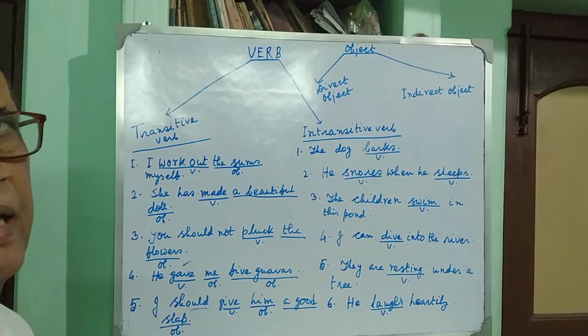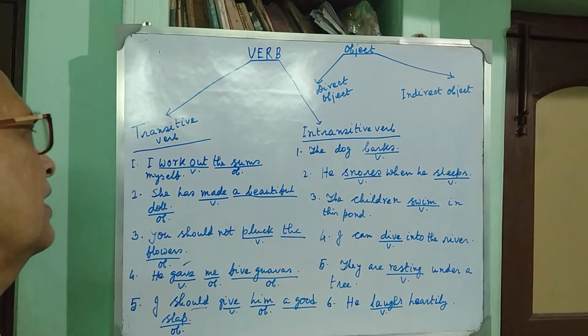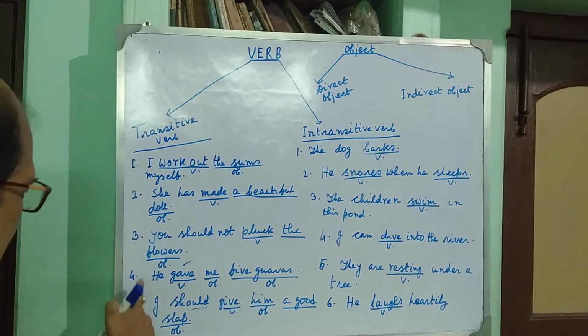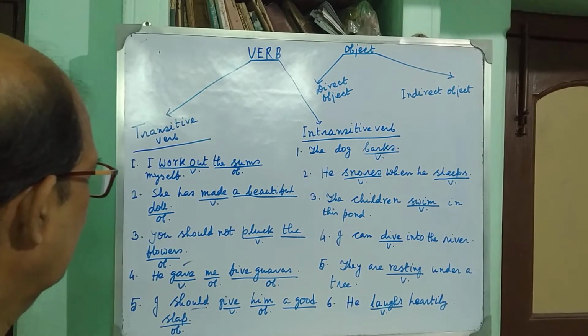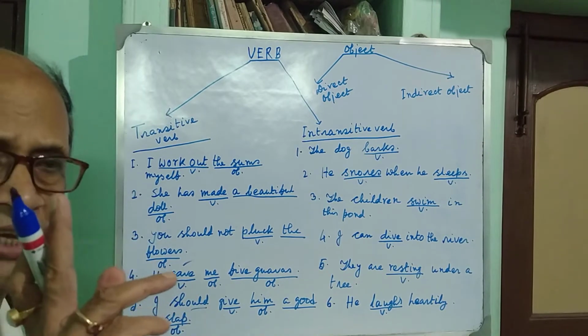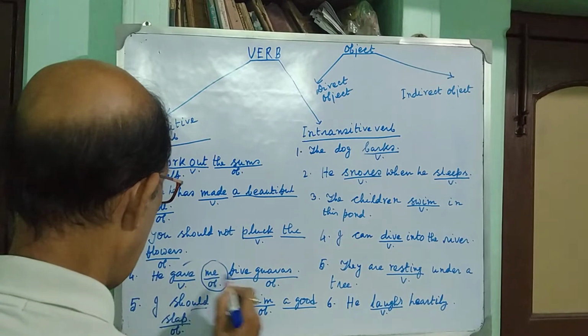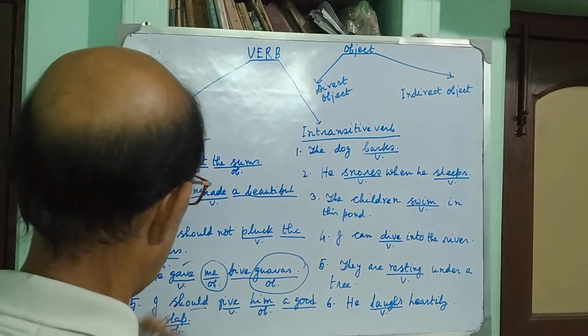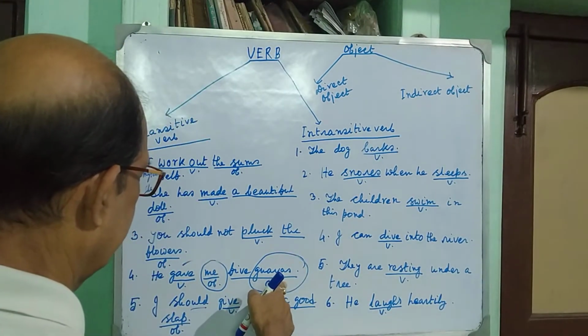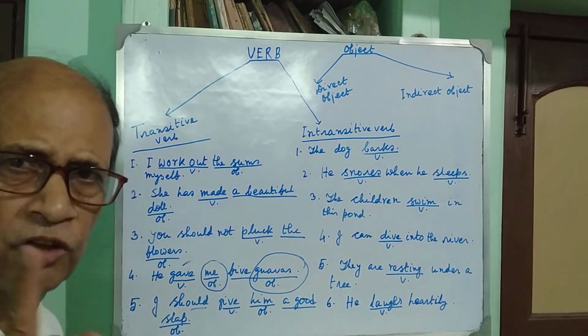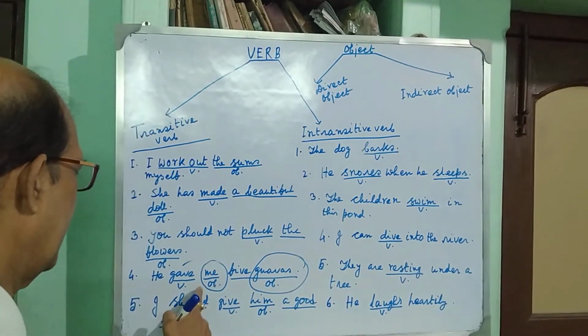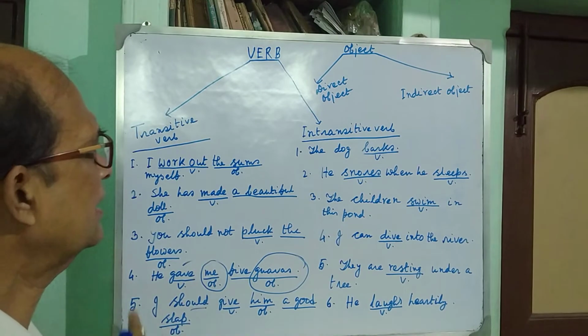But my dear boys and girls, you see that in the last 2 sentences there are 2 objects in each sentence, me and guavas. So guavas is direct object and me is indirect object. What is a direct object?